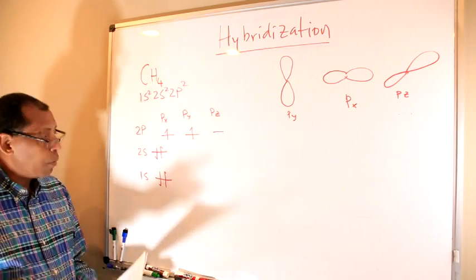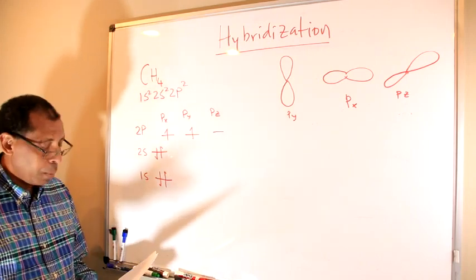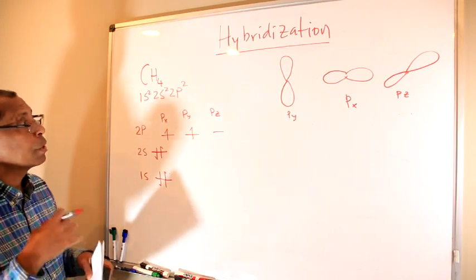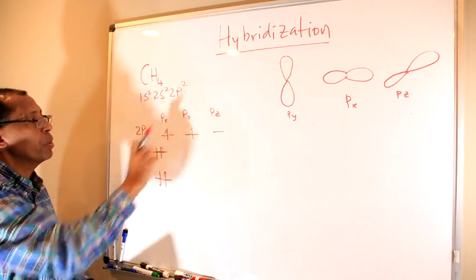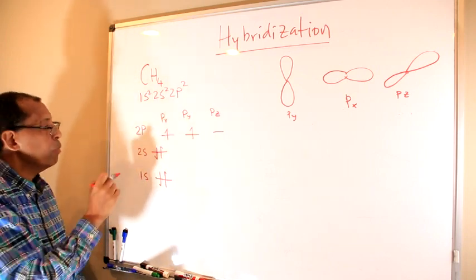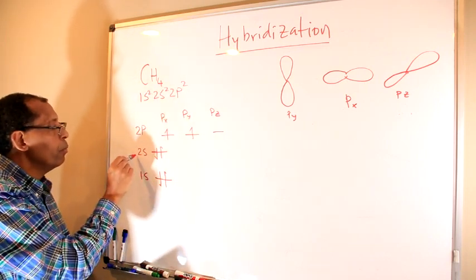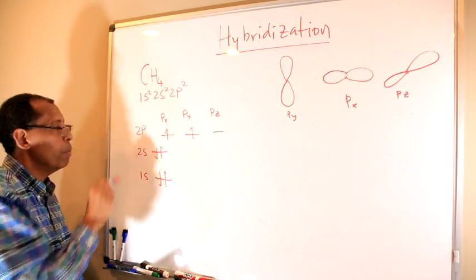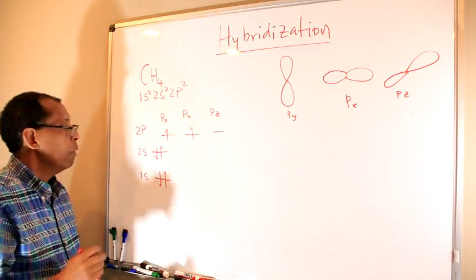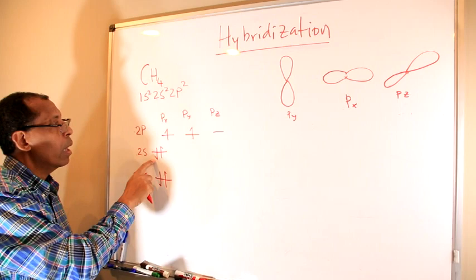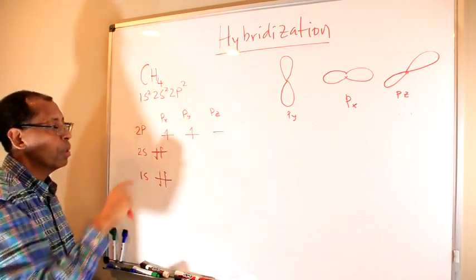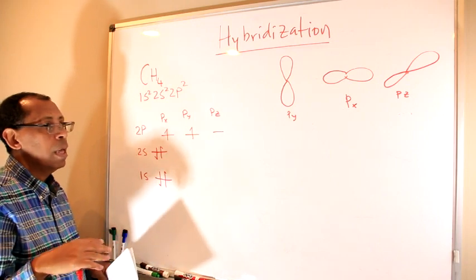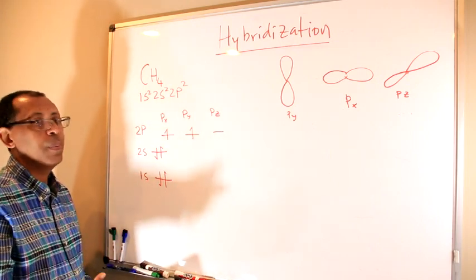Now, from this, what we are going to do is hybridize these orbitals. That means if we make a hybrid of an s and a p, if you take one of the s and hybridize it with the 3 of the p orbitals, you would make sp3 hybrid orbitals.